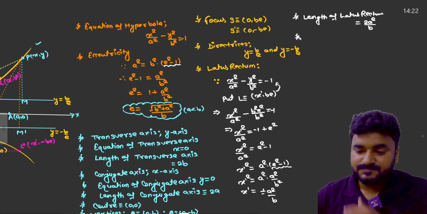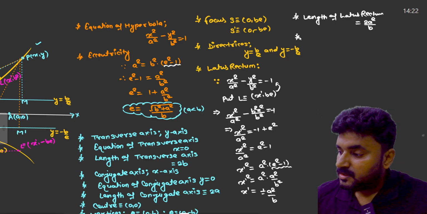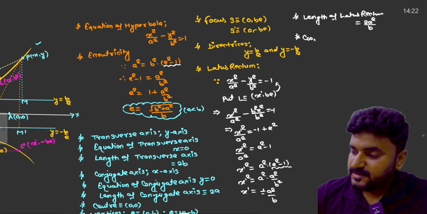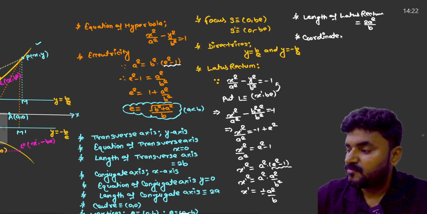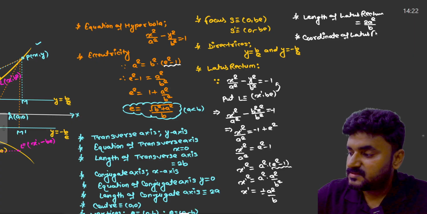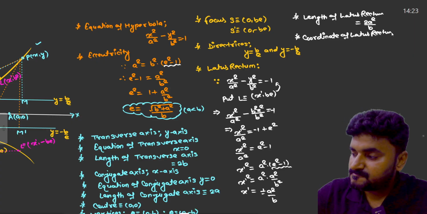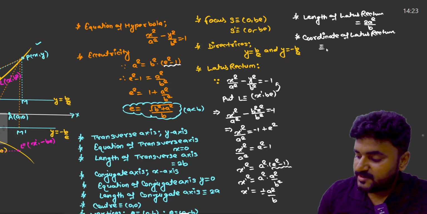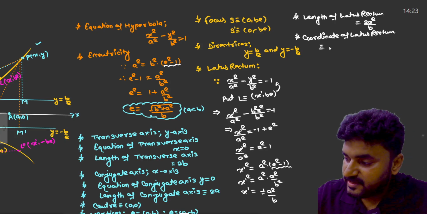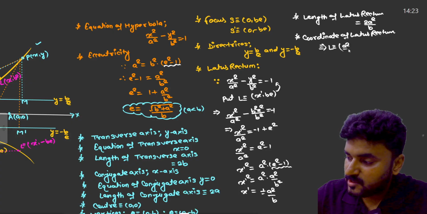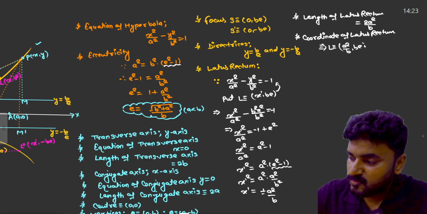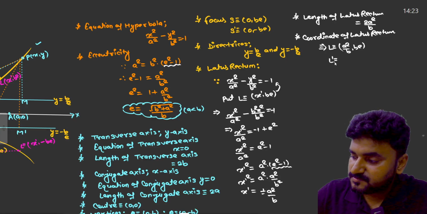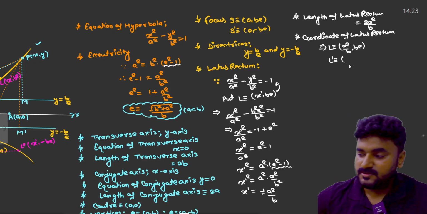After that, coordinate of the latus rectum, we will write coordinate of the latus rectum. So for the coordinate, you can see that I will write L coordinate as a square by b comma b. Now L dash I will write what?